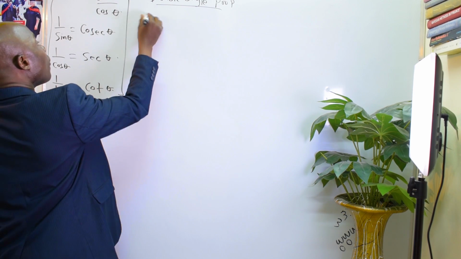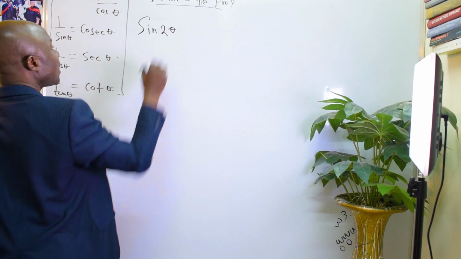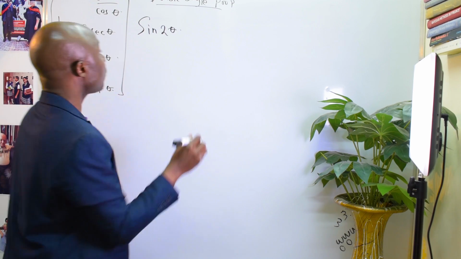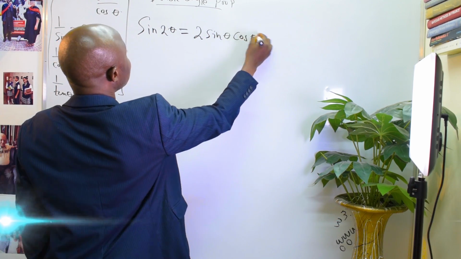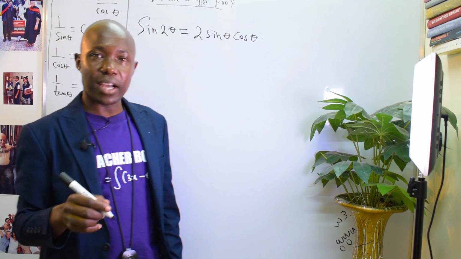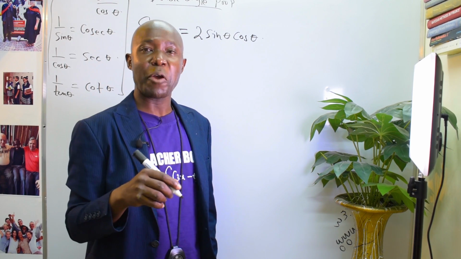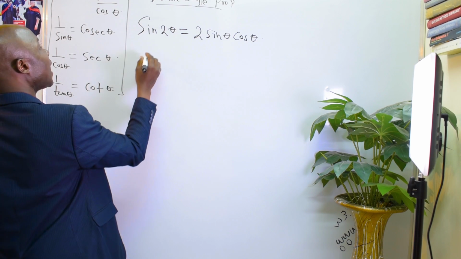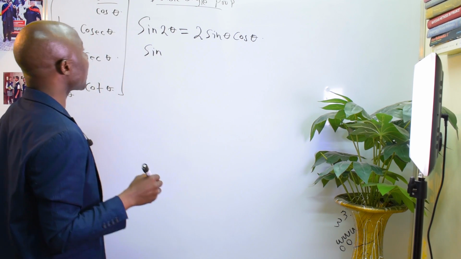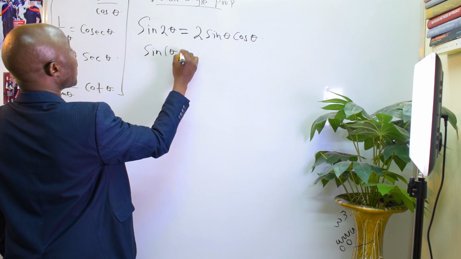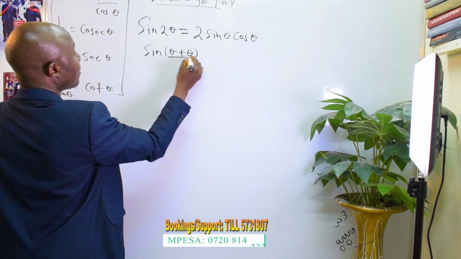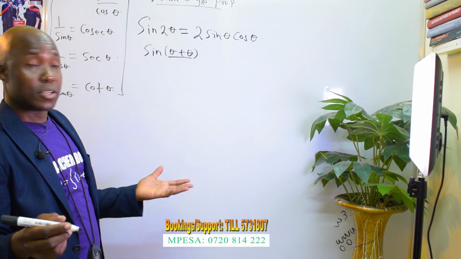Now, when we have the sine of 2 theta, is there a way we can rewrite it? Yes. We can write sine of 2 theta to be 2 sine theta cos theta. And I can prove that one trigonometrically using numerics. Now, what if we decide and say sine 2 theta is sine of (theta plus theta), because theta plus theta becomes 2 theta.